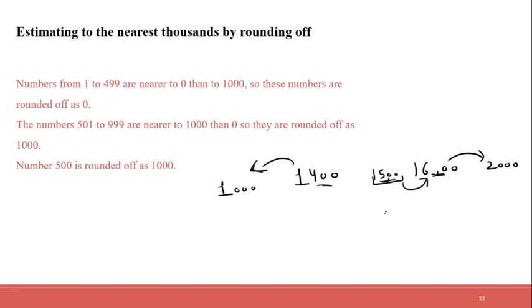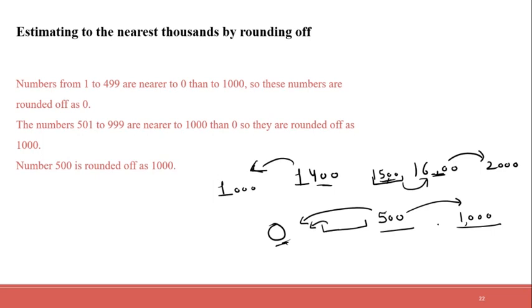Got it? That means this 500 here, if it is written here, then we will round it off to the previous thousand, that is 0, and next 1000. That means 500 is in the middle of 0 and 1000. Any number in this gap will round off to 0, and any number in this gap will round off to 1000.